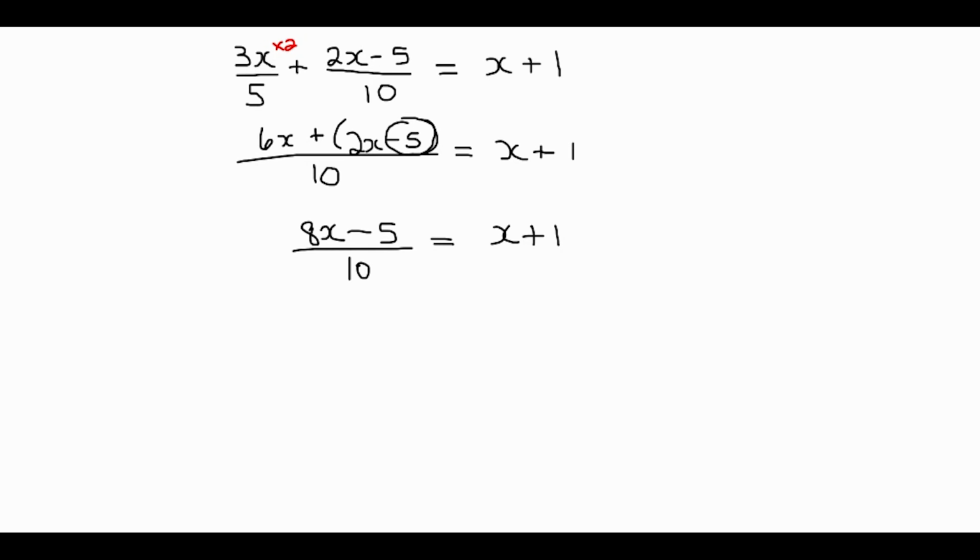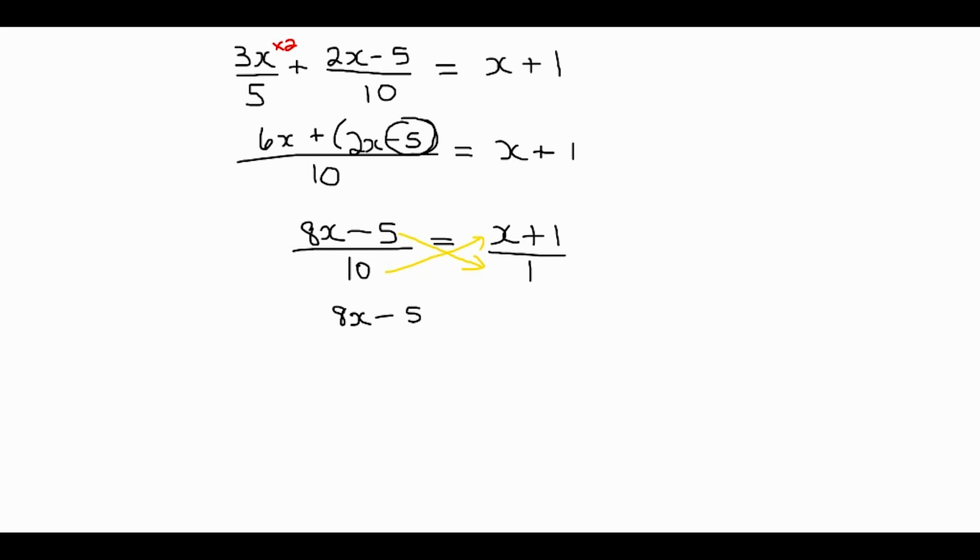Now I want to solve the equation, and in order for me to do this, I need to take the approach of cross multiplication. So I'm going to write this as a rational expression where my denominator for the expression on the right side is going to be 1, and then from here we're going to utilize that concept of cross multiplication. So we'll have in the next line 8x minus 5 multiplied by 1, which just leaves us with 8x minus 5.